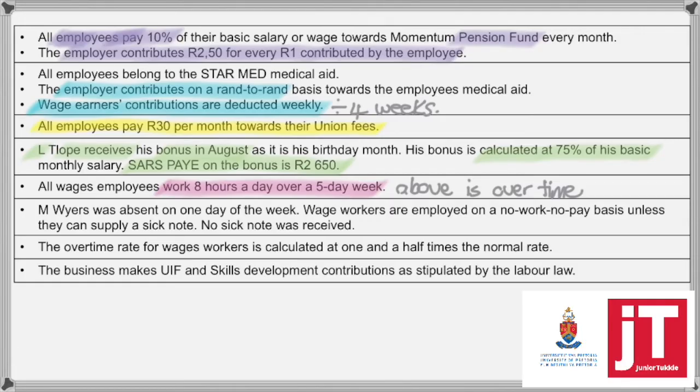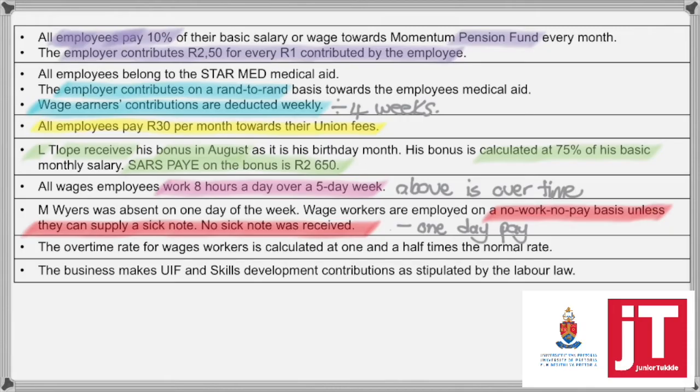Mr. Veyers was absent 1 day in the week, and the workers are employed on a no work, no pay basis unless they can supply a sick note. No sick note was received, so we have to deduct 1 day of pay from Mr. Veyers. Finally, the overtime rate for wage workers is calculated at 1.5 times the normal rate.